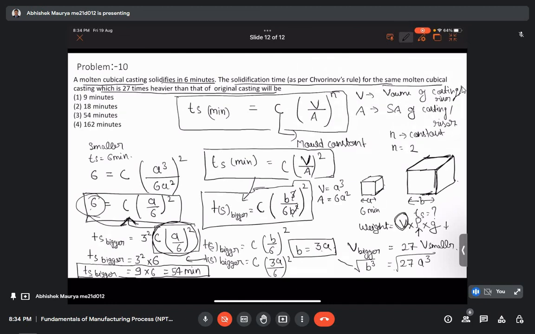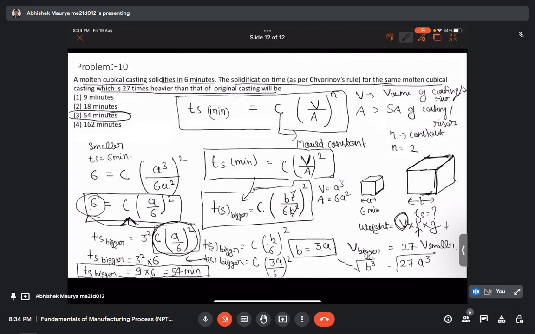So the final answer, the solidification time of the bigger block, will be 54 minutes. So the correct answer is 54 minutes.